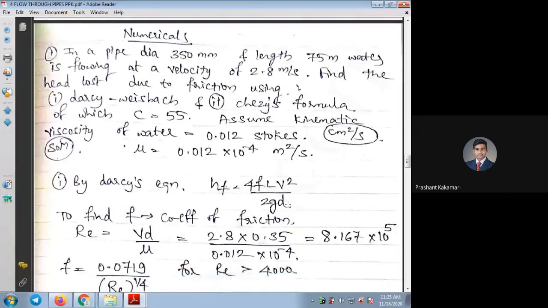Kinematic viscosity is given, so I think by mistake I have taken mu here. It's not mu, it is nu. As the kinematic viscosity is given, we can find that in SI units. So that becomes around 0.012 into 10 to the minus 4 meters square per second. If you know the kinematic viscosity, you can write it as Vd by nu. If you know the dynamic viscosity, you can find out by rho Vd by mu. So now by Vd by nu, replace this term and find out the Reynolds number. Based on this Reynolds number, you have to find the coefficient of friction.